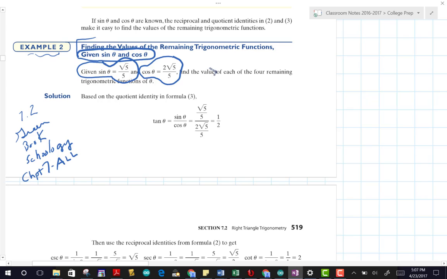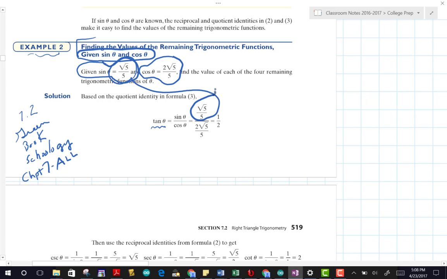They said, hey, if I want to find tangent, remember that tangent is equal to sine divided by cosine. So they took the sine from up above, right? They took square root 5 over 5 and put it in the numerator. And then they took 2 root 5 over 5 and put that in the denominator.